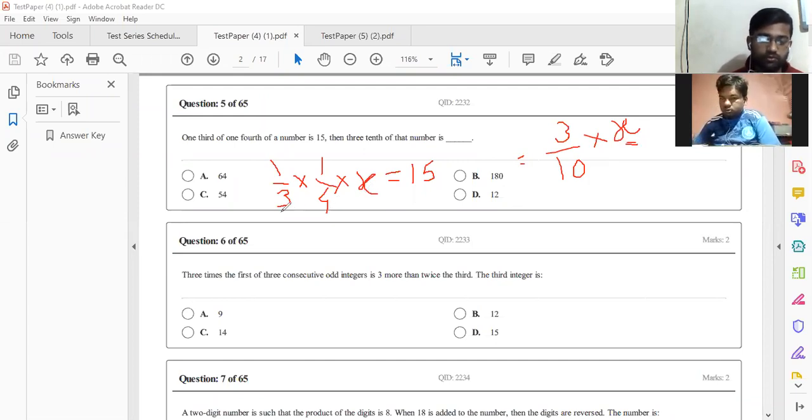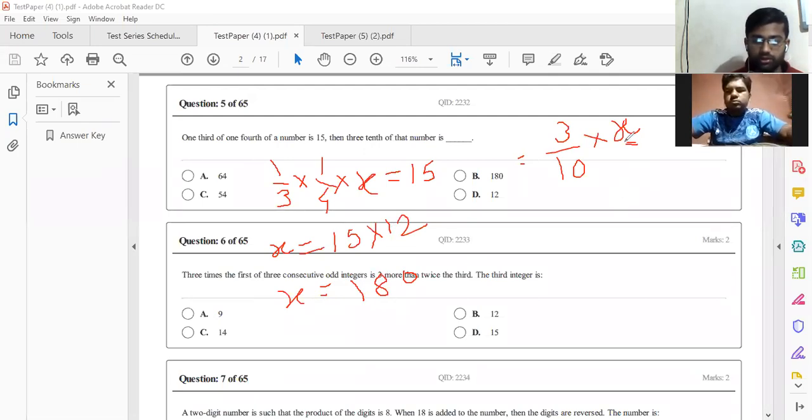So 4 into 3 is 12, shift it, we will get 15 multiplied by 12. How much will it come? x is equal to 15 times 12: 5 times 2 is 10, 0 carry 1, 1 times 12 plus 1 gives 18, so 180. We will get 180. Okay, so now substitute here.